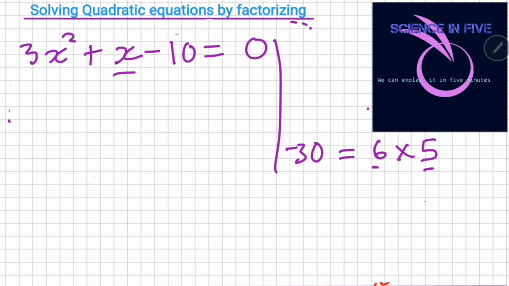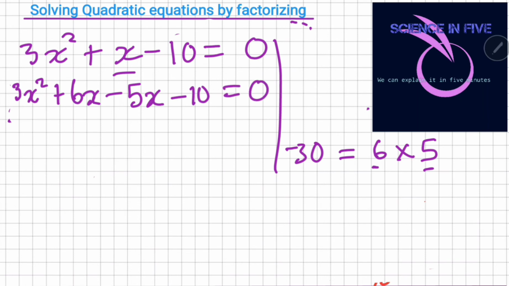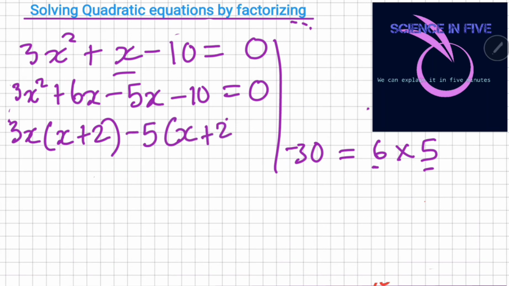So now we expand the middle term. 3x squared plus 6x minus 5x minus 10 is equal to 0. Factor out the first two: 3x, you get x plus 2. Here we can take out a negative 5 and we remain with x plus 2 is equal to 0.